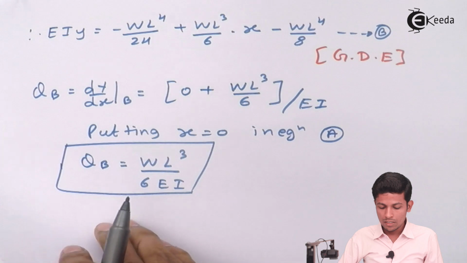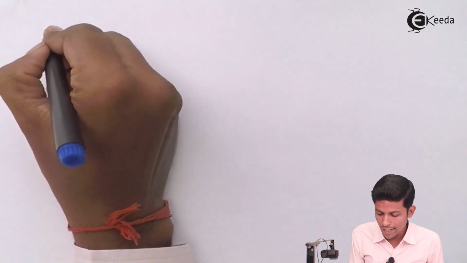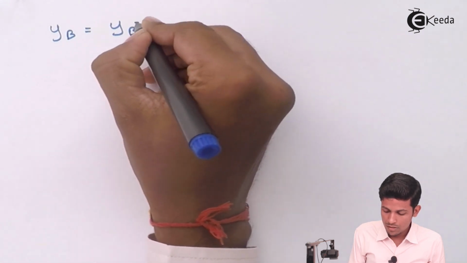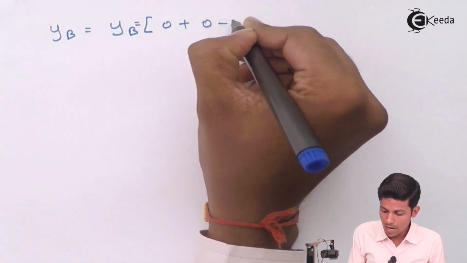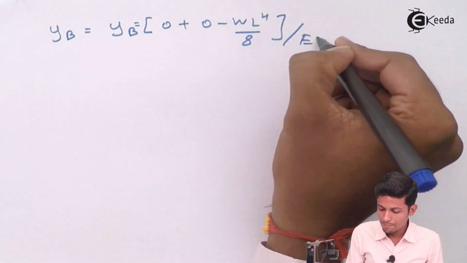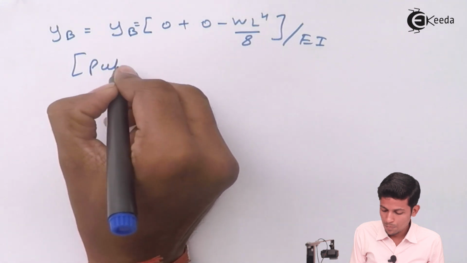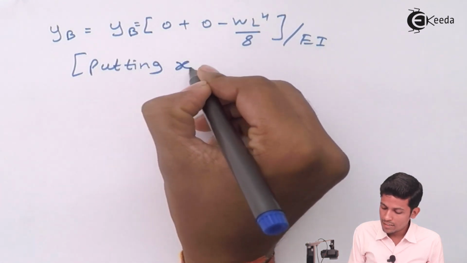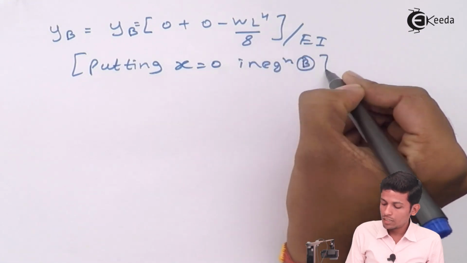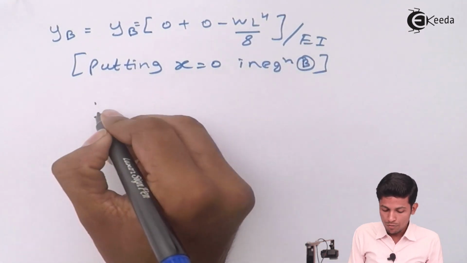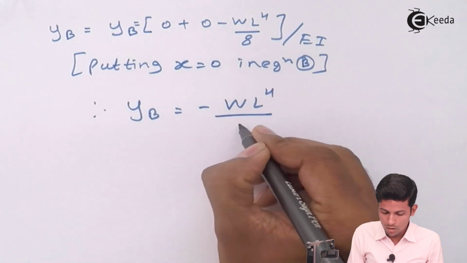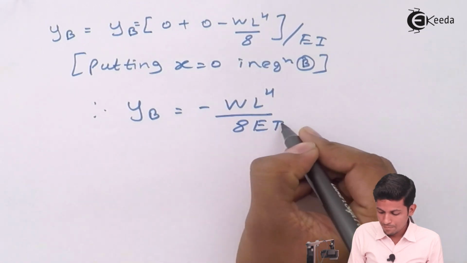After that, put x is equal to 0 in equation B, the general deflection equation, to find YB, which is 0 plus 0 minus WL raised to 4 upon 8 upon EI. So YB is minus WL raised to 4 upon 8 EI.